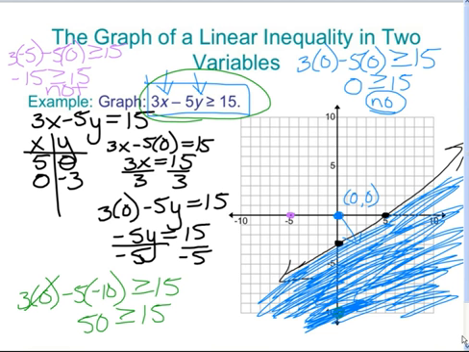Negative 15 is not larger than 15. So this point right here does not satisfy that inequality, which we knew because it wasn't shaded. The same thing with these other points. They are not going to satisfy the inequality because they're not shaded.